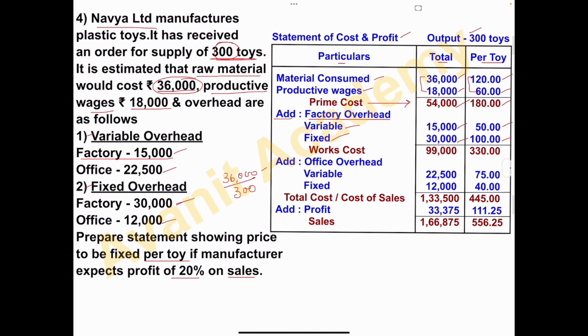Now add these three amounts. 54,000 plus 15,000 plus 30,000, and the total is 99,000. Same for per toy: 180 plus 50 plus 100, and the total is 330. This is called works cost.